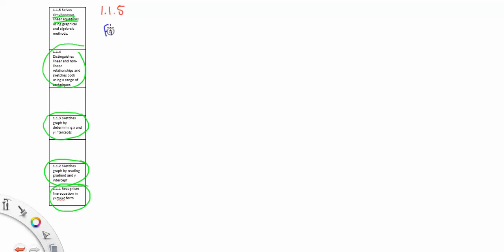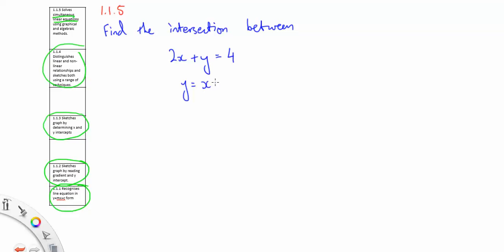It's something like: find the intersection between, let's say you have 2x plus y equals, let's make it 4, and y equals x plus 3. Find the intersection between these lines.